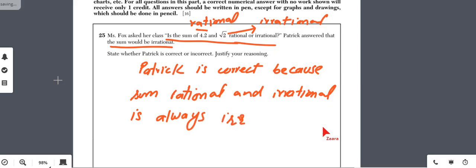Okay, yeah, the sum of rational and irrational is always irrational. Their difference is always irrational.